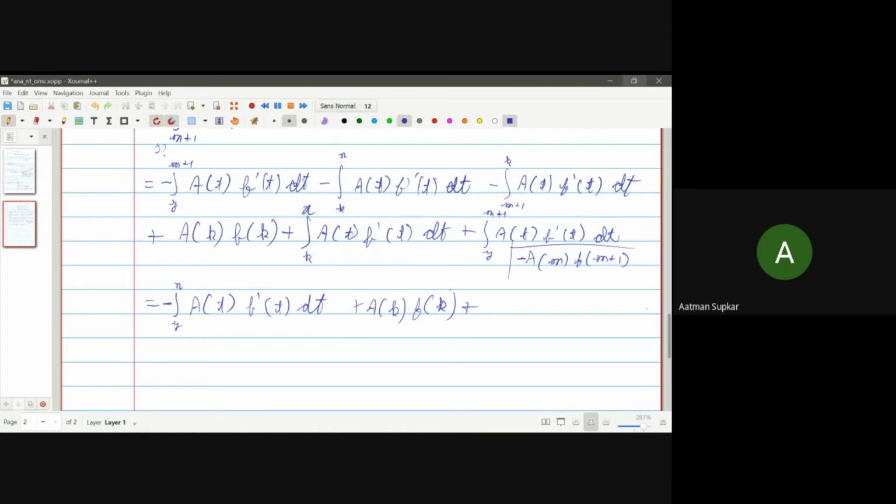It's already the greatest integer of x. So if this is 5, then x is equal to 5 point something. The greatest integer function of t is never going to become 4 or 6. It's always 5. Which means a of t, small a, is constant, right? That doesn't mean capital A is constant.